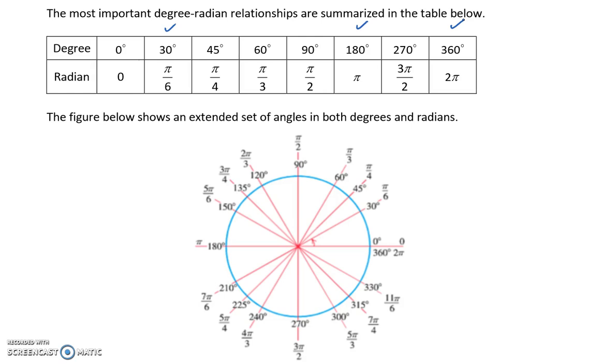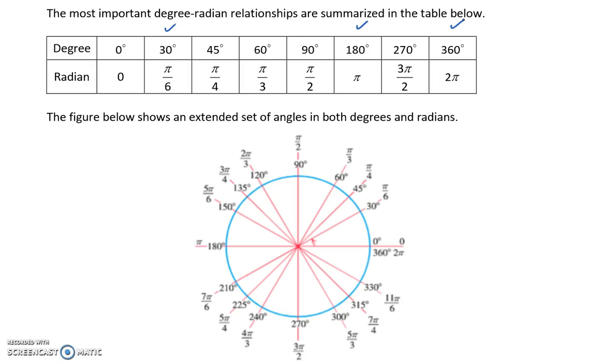One interesting thing about radian measure is that for angles beyond the acute angles 30, 45, and 60, the so-called special angles from geometry, angles associated with these special angles have radian measures in terms of pi over 6, pi over 4, or pi over 3.